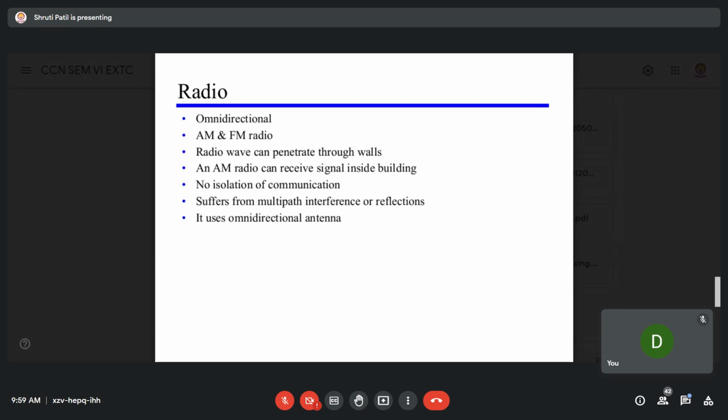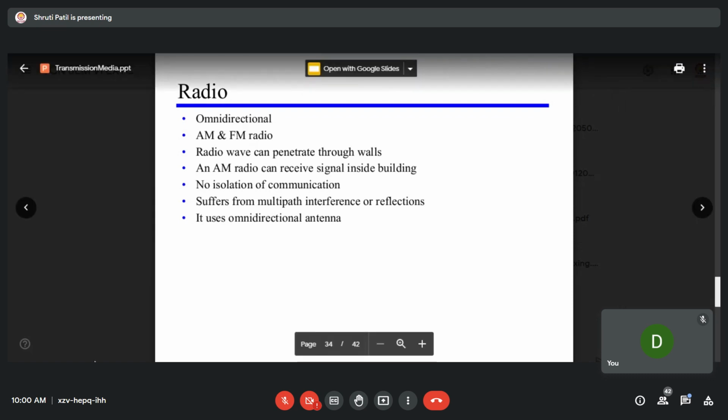So it suffers from reflections, and multiple copies of the signal can be present at the receiver. Through multiple reflections, there is multipath interference. You must know about AWGN and other types of noise. So multipath interference is basically added to these radio frequency waves.